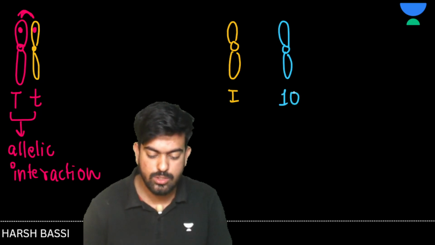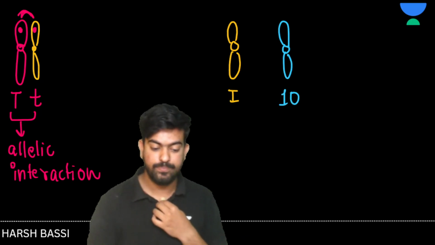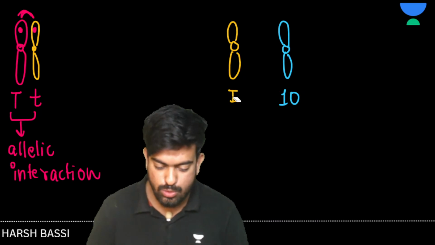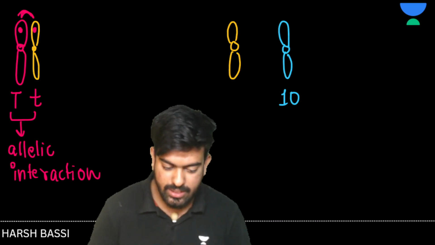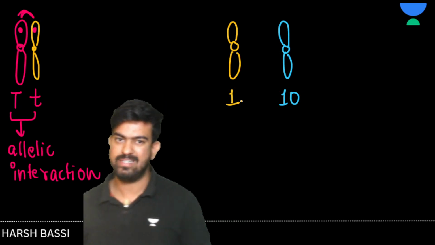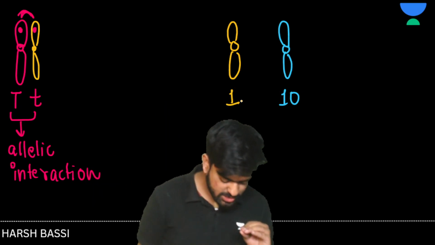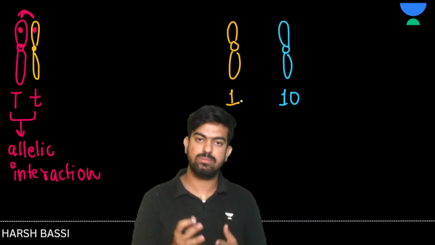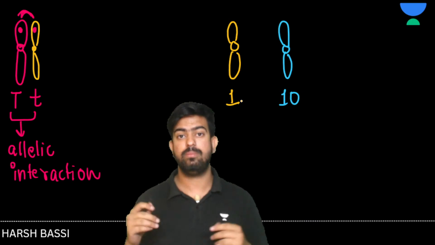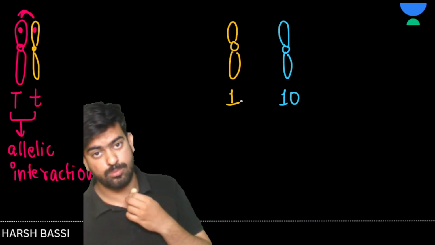So I have taken two chromosomes, one is chromosome number 1 and the other is chromosome number 10. It is very clear that these two chromosomes are different.